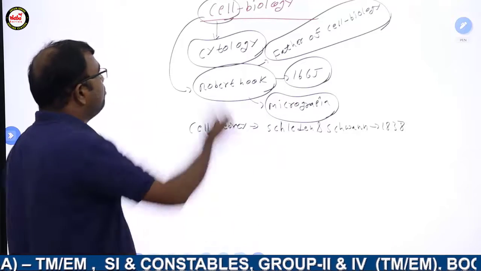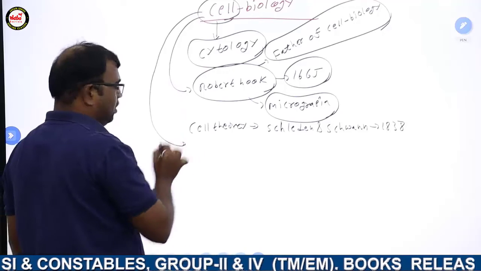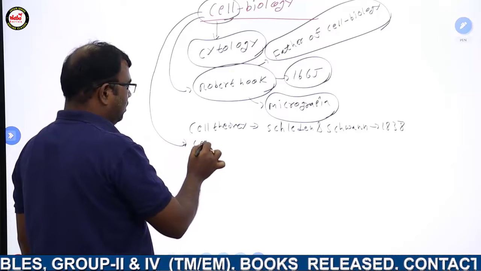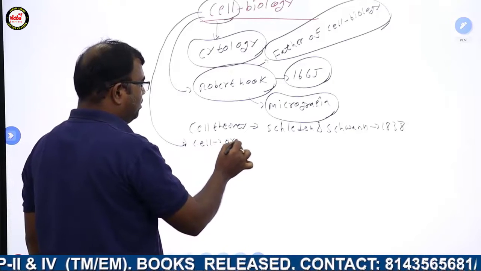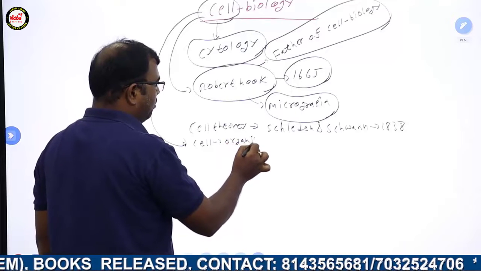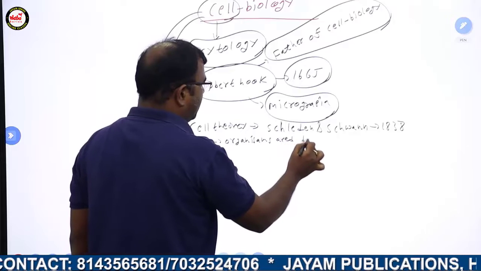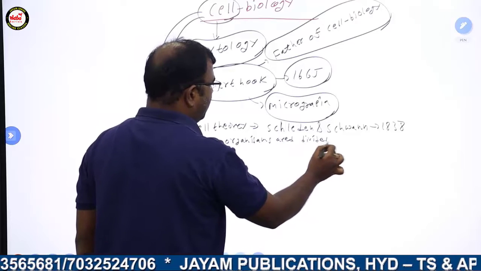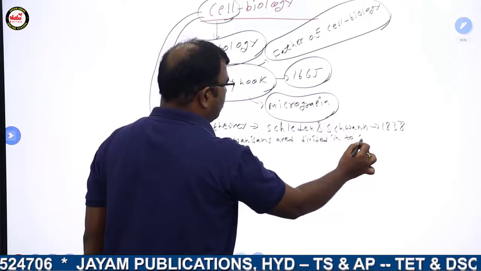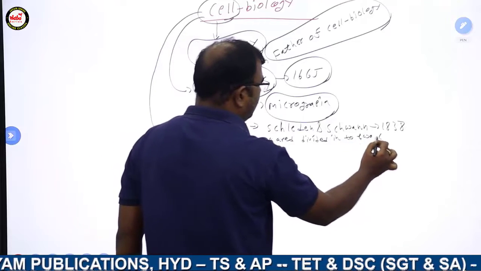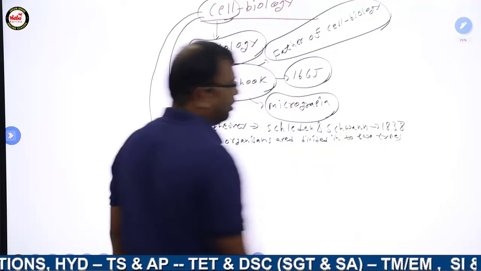Based on the cell, organisms are divided into two types.